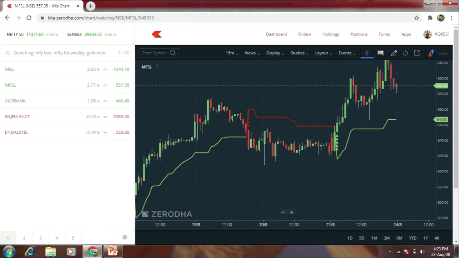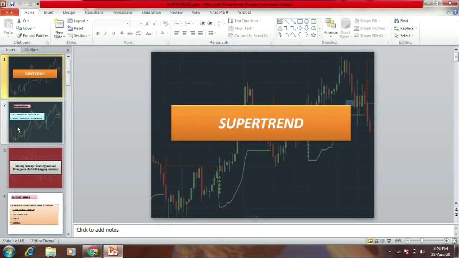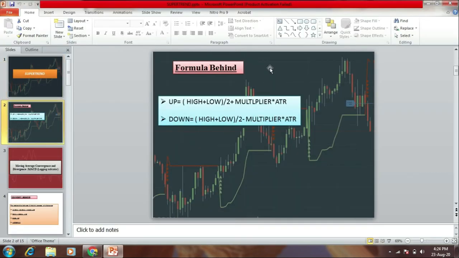Now go to the presentation. The formula behind this super trend calculation is this one. Up is equal to high plus low divided by 2 plus multiplier into ATR. This up is the buy signal, the green signal.